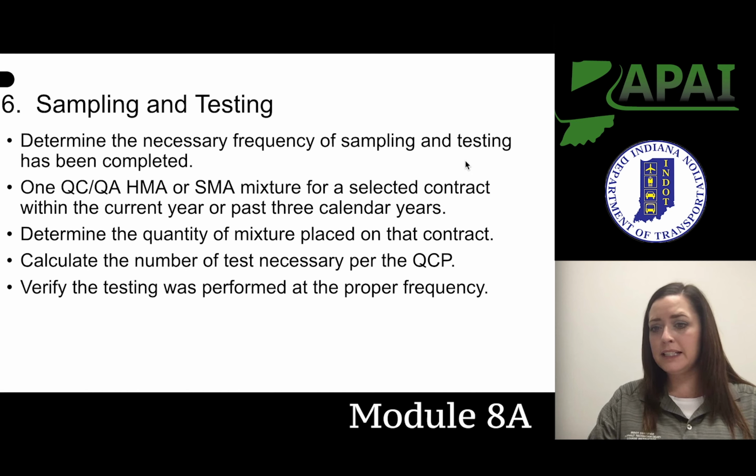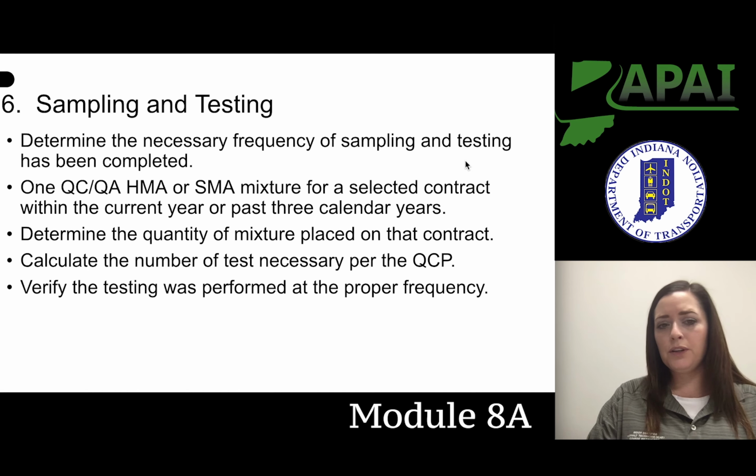These frequencies can be found in the contractor's quality control plan and are documented in the diary of what's been tested for mixtures, and we should be able to provide to you any test results, and based on the quantities of that material that we're looking at, you can determine the correct number of tests that were needed.